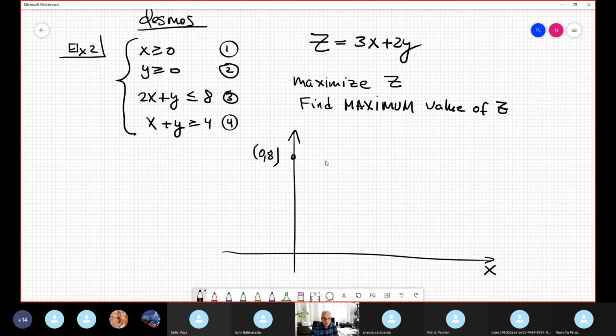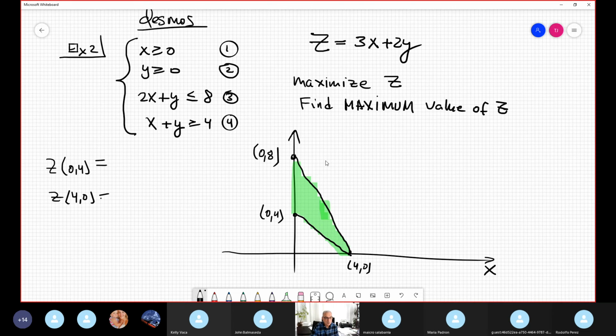I take one point here, which is 0,4. And I take one point here, which is 4,0. One line here, always a line; that is the reason it's linear. And my feasible region is this. And you evaluate Z at 0,4, at 4,0, and at 0,8.